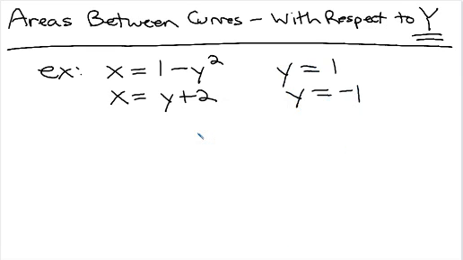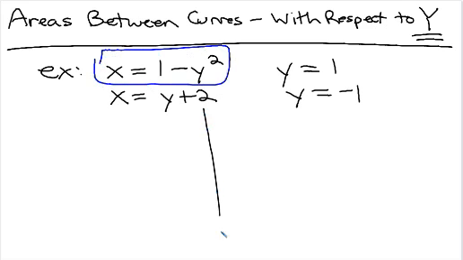The first thing we have to do here is figure out how to draw these on our graph so that we understand what's going on. So this function, the top one, we want to think sideways parabola.